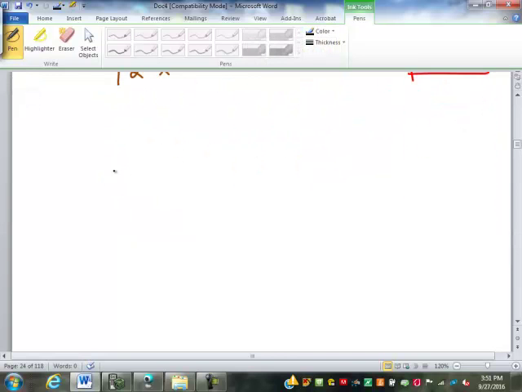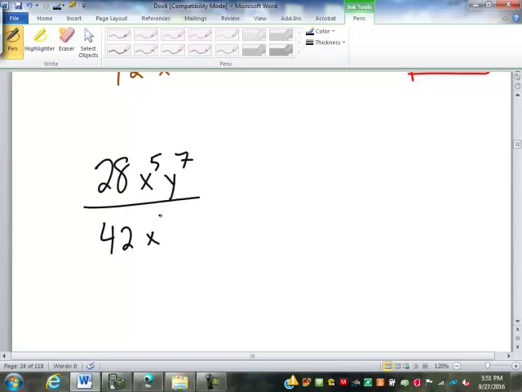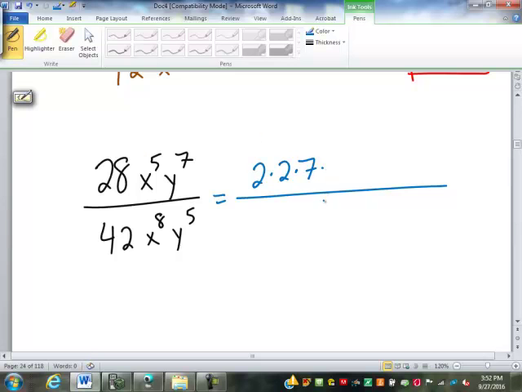What if we have something like 28 x to the 5th, y to the 7th, over 42 x to the 8th, y to the 5th. Well, if I want to reduce this, I can factor it out. 28, if I factor it out, will be 2 times 2 times 7. What's going to happen with my x's? 5 x's, right?